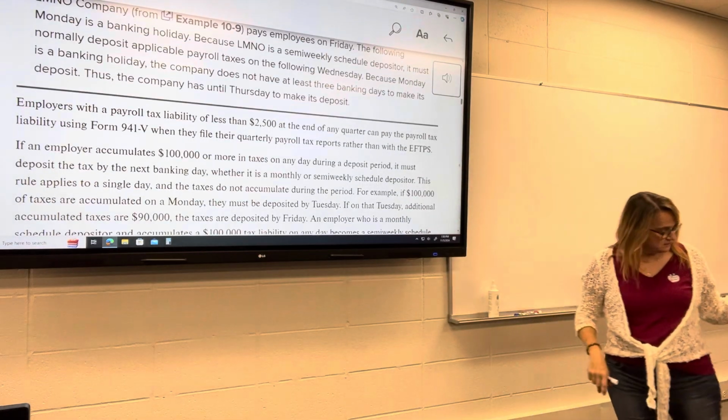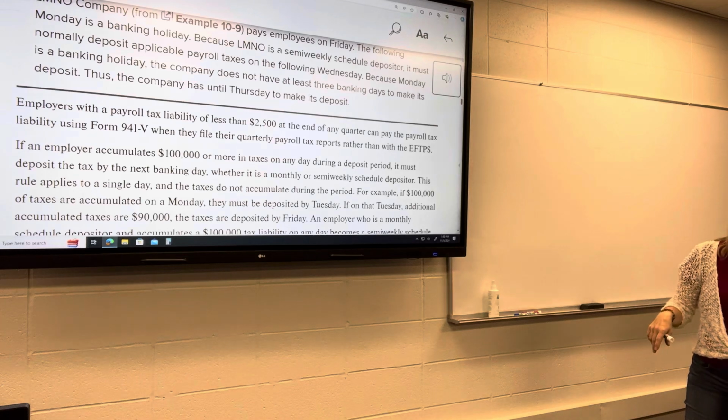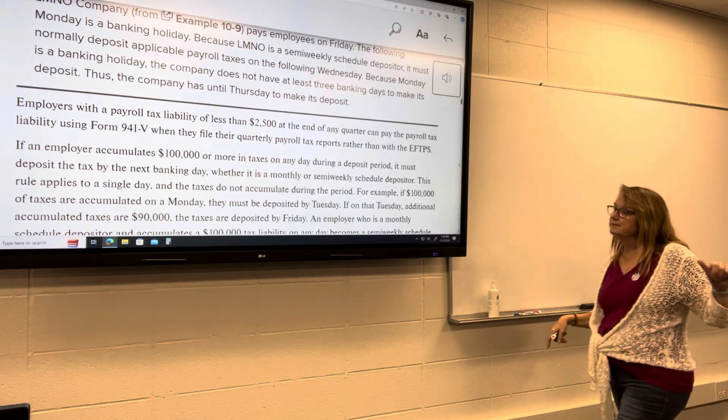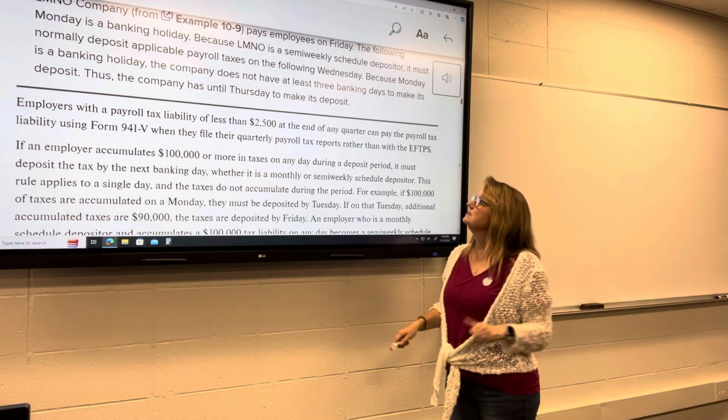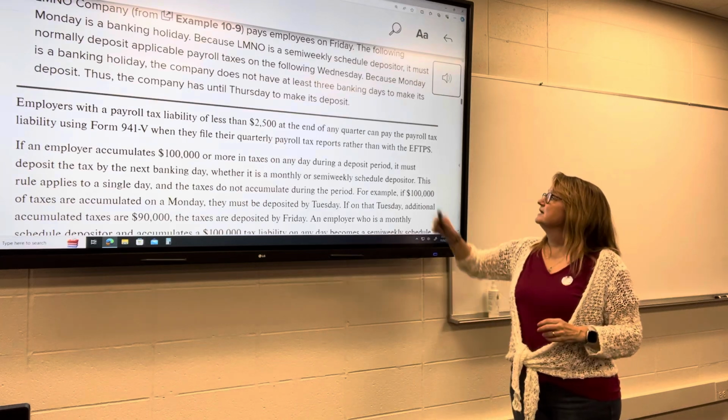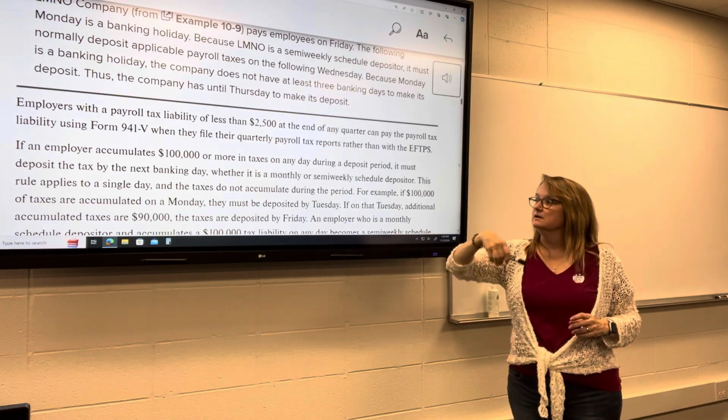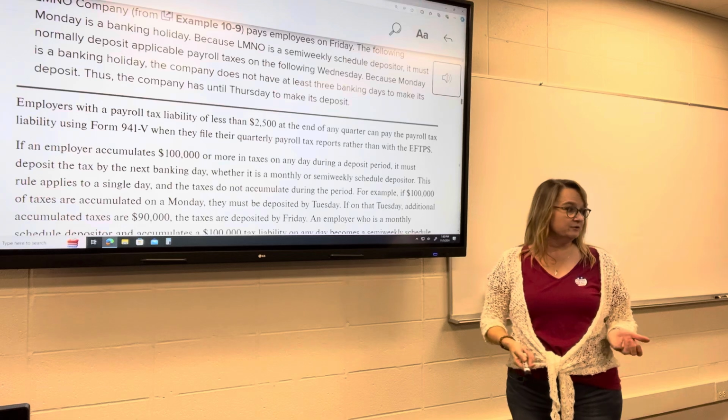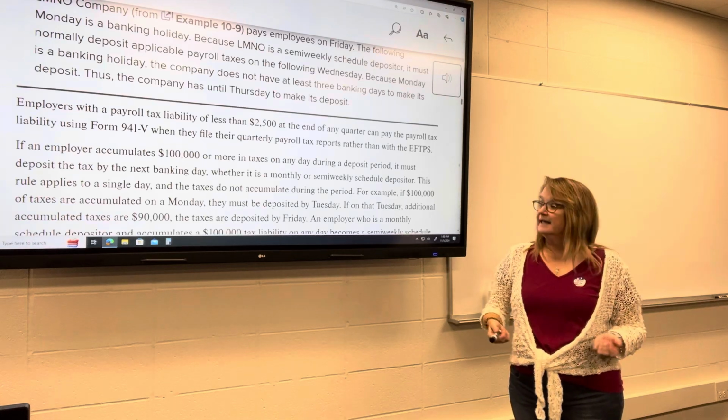There are a couple of instances where there's a different schedule. If employers have a payroll liability of less than $2,500 at the end of any quarter, they can pay the payroll tax on a quarterly basis when they file their 941.